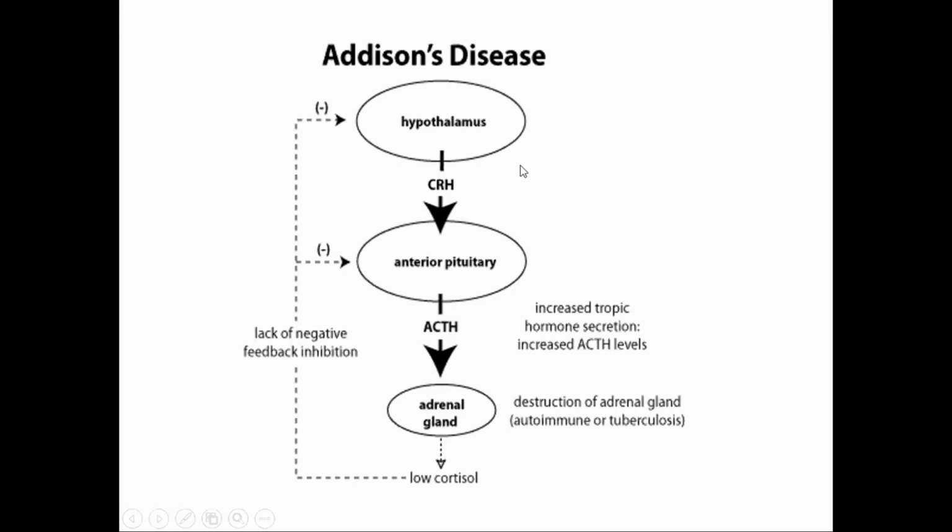सो एडिसन्स डिजिजमा के हुन्छ, अघि भने जस्तै हाइपोथालमसले कर्टिकोट्रोपिन रिलिजिङ हर्मोन रिलिज गर्छ, यसले एन्टेरियर पिट्युटरीमा एक्ट गरेर ACTH बढाउँछ र यो ACTH ले चाहिँ एड्रिनल ग्ल्यान्डमा एक्ट गर्छ हैन। तर यहाँ चाहिँ के हुन्छ त भन्दाखेरि यदि एड्रिनल ग्ल्यान्डै डिस्ट्रोय भयो, यदि कुनै पनि फंगल इन्फेक्सन, मेटास्टेटिक ट्युमर्सहरुले गर्दाखेरि कर्टिसोल लेभल त लो हुने भयो। This cortisol level will send a negative feedback mechanism, okay, to the anterior pituitary and to the hypothalamus.